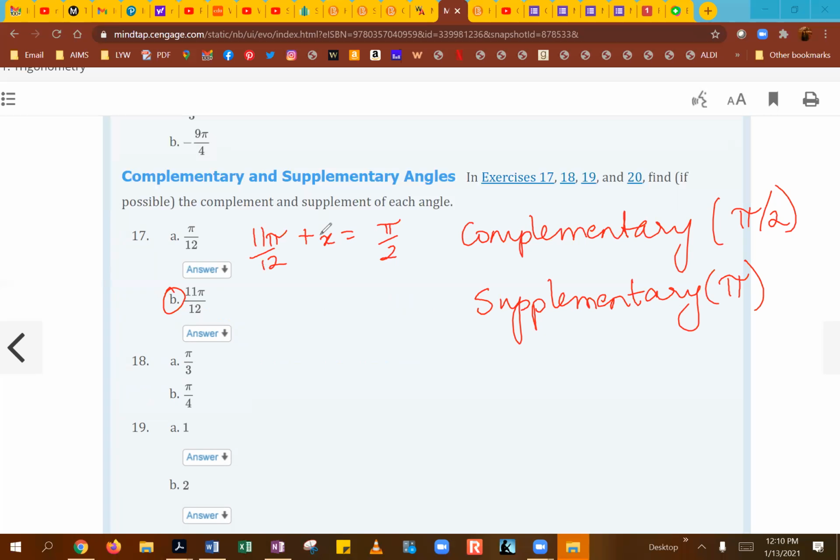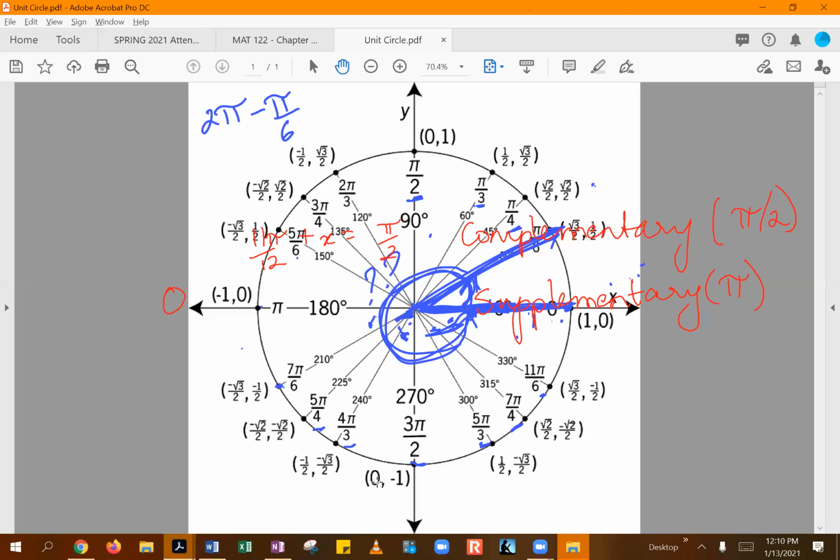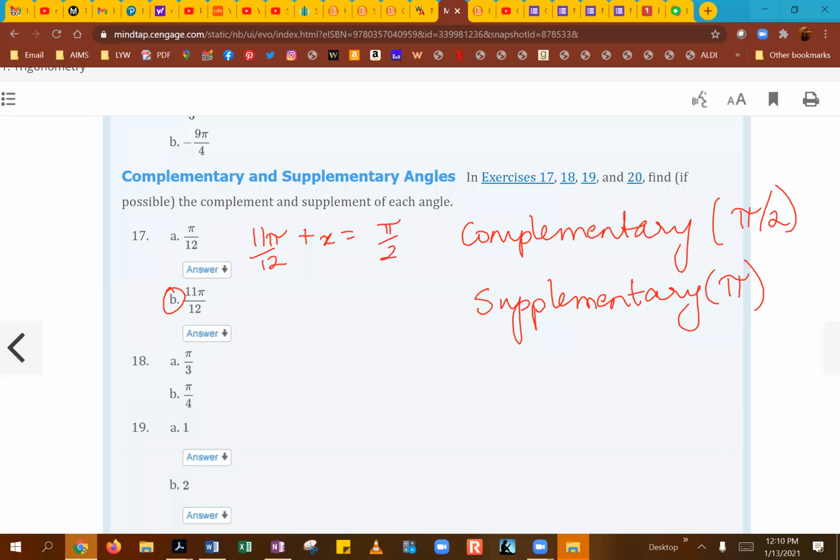Isn't B too high? Because that's almost supplementary. Yeah, because let's go back to our graph over here. Because actually they don't have the denominator of 12 here. So let's talk about that.